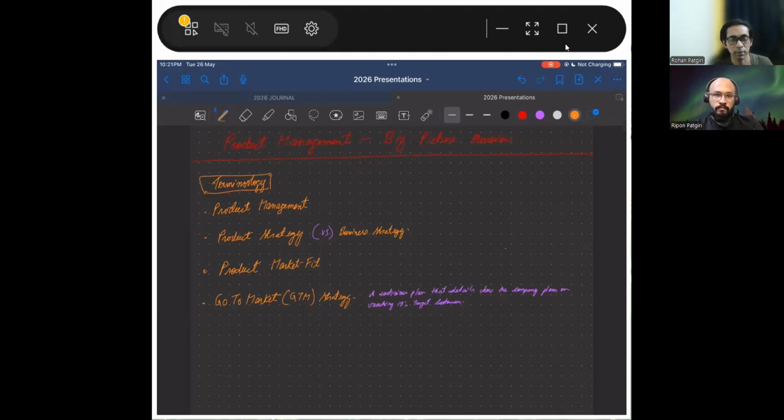Now, another thing to keep in mind is that there is a theoretical way to define things, and then there is how it happens practically inside a company. During this explanation, I might talk about different roles and different steps.